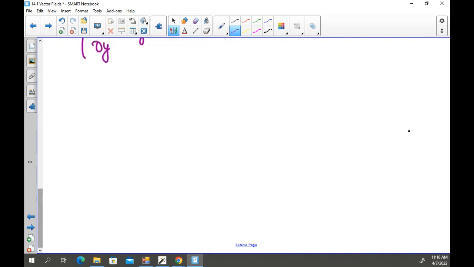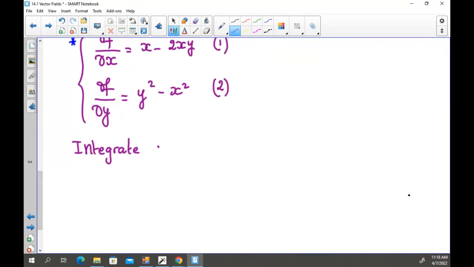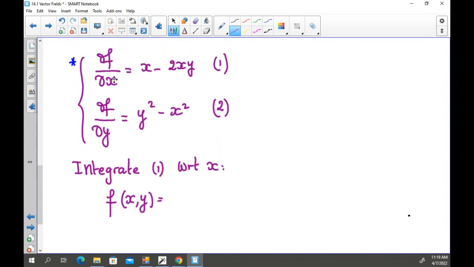So like we did before, we will integrate one with respect to x, then this will give us f of x y. That's the integral of the left side.